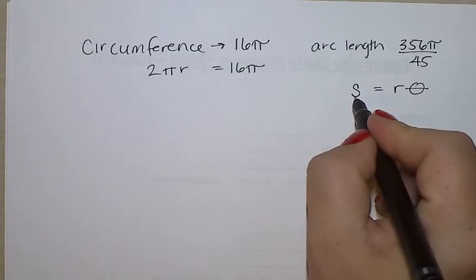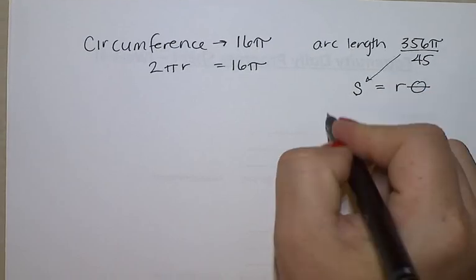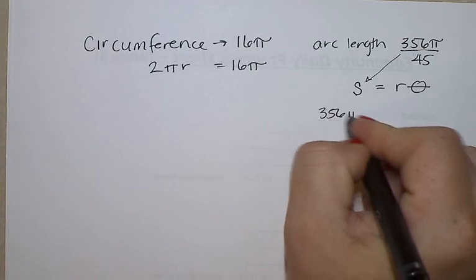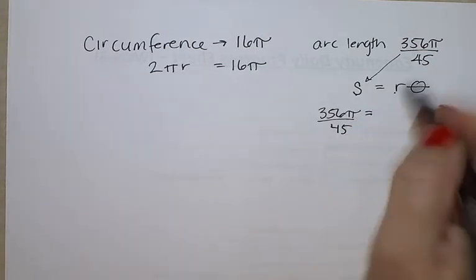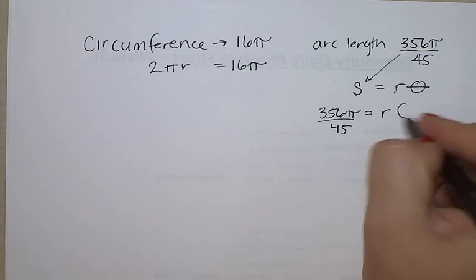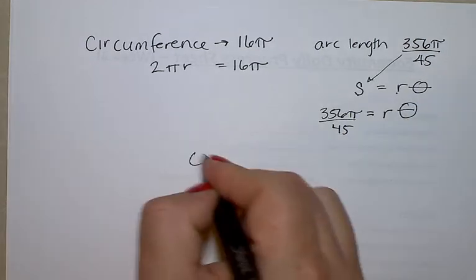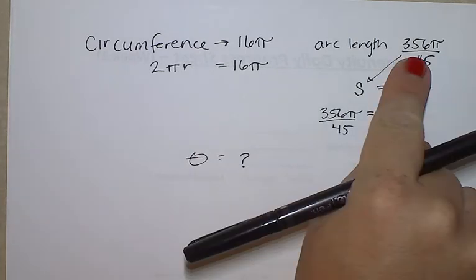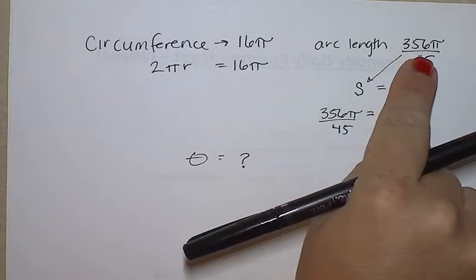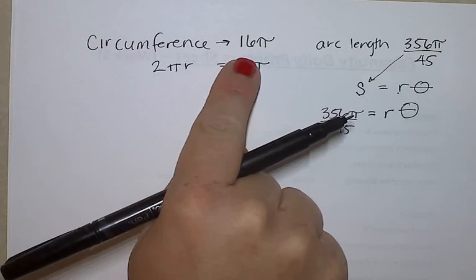In this case, your arc length is given. It's 356 pi over 45. We don't know the radius of the circle. We don't know the central angle. In fact, my whole question is, what is the central angle if you have an arc length of this amount and the circumference of this circle is this amount?